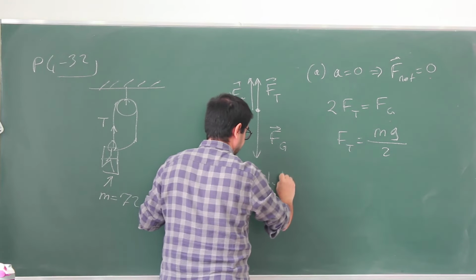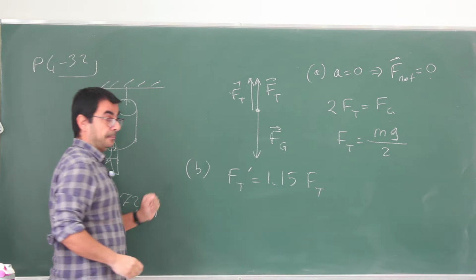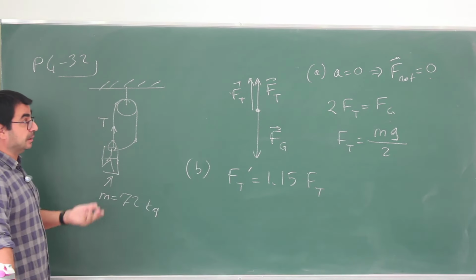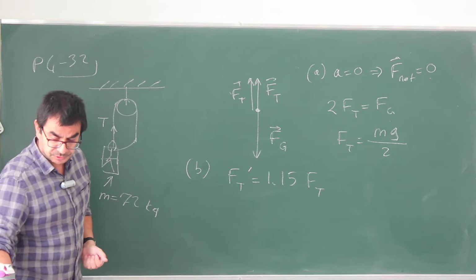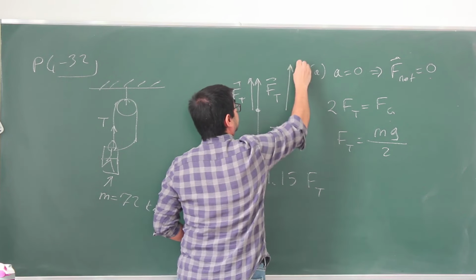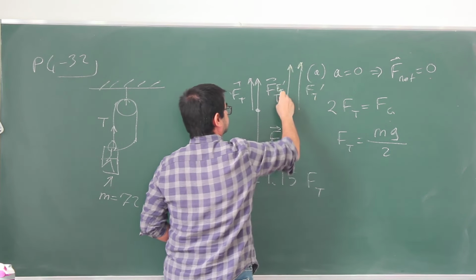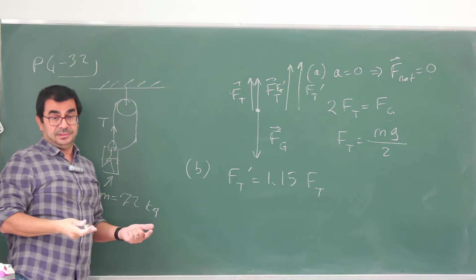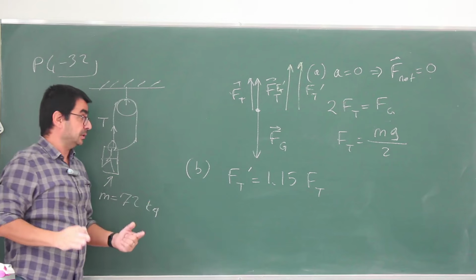This is 1.15 times Ft, which is this thing over here. Okay? What will be our acceleration? Now, these guys, let's just throw some Ft primes here, slightly larger. Ft prime. They are now going to overcome gravity. So we're going to have some acceleration, and in fact they're asking us what this acceleration is.